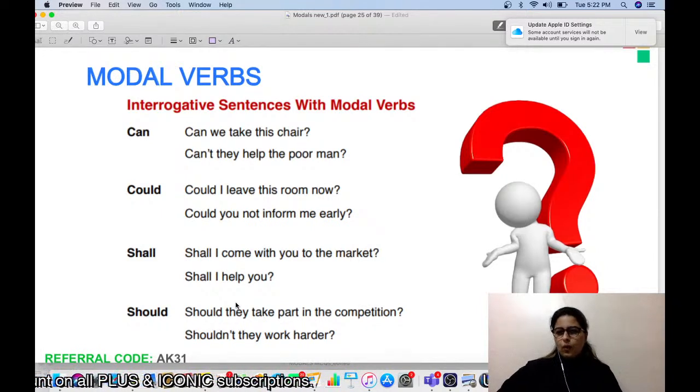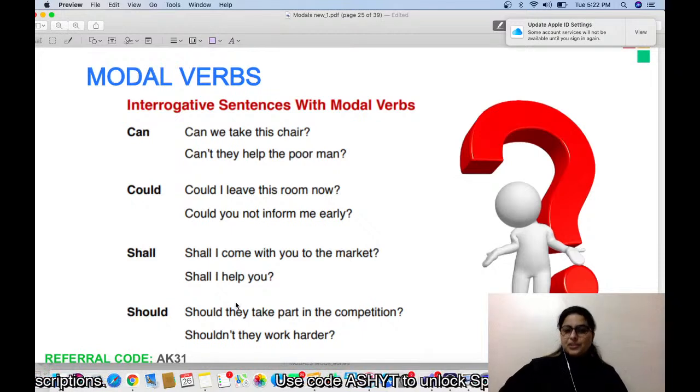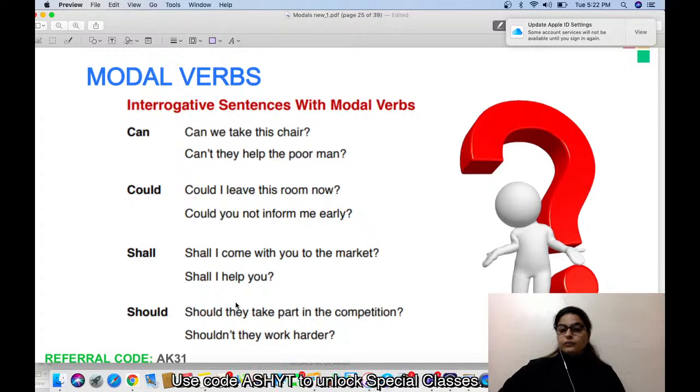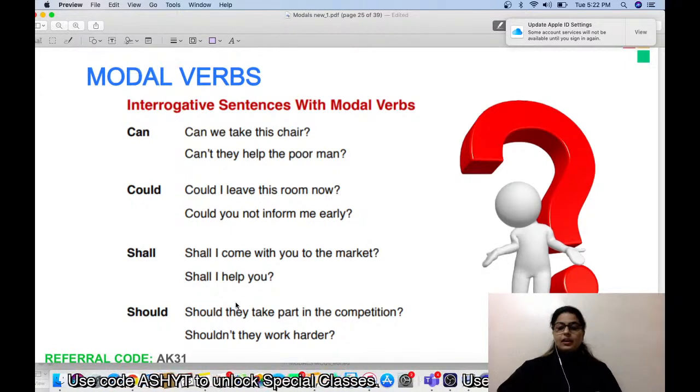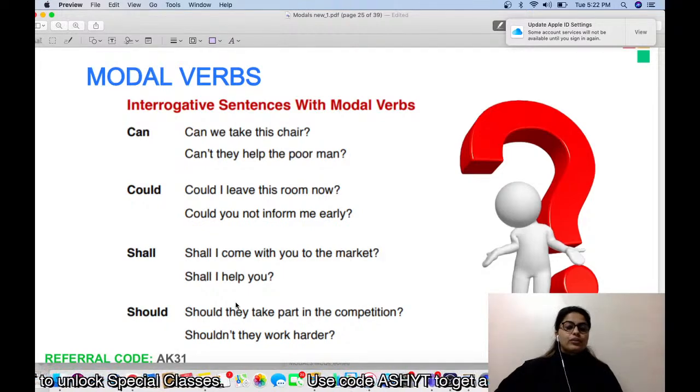Or can't they help the poor man? Or could they leave this room now? Or could you not inform me early? Right? So all of these are questions. And yes, could is the past form of can. Don't forget that. Shall we can use in order to request and seek permissions. And whereas when we are advising, we are going to use should.